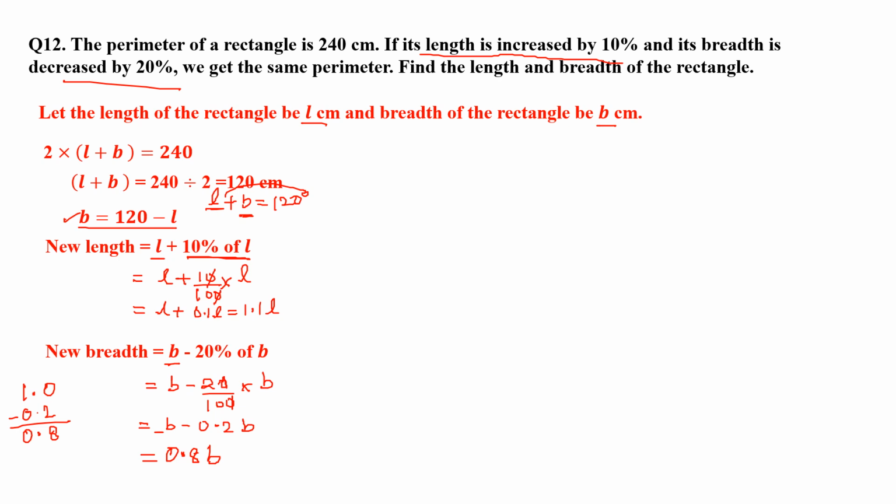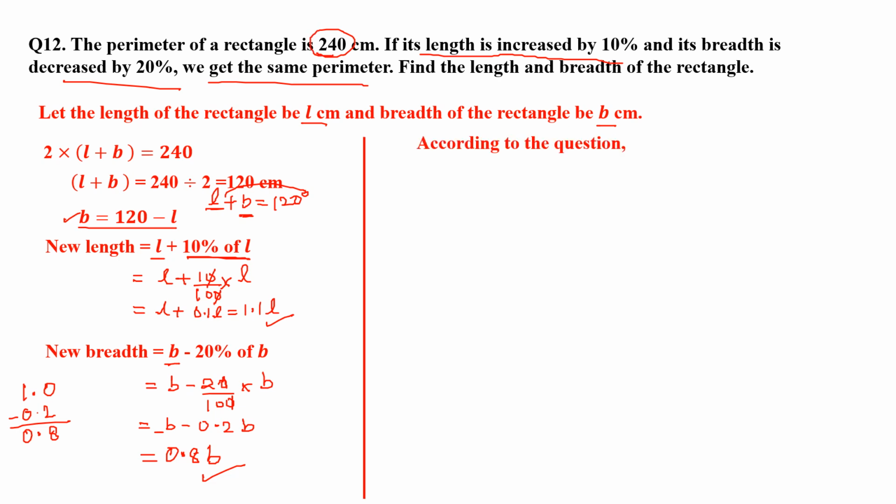Now what it is given, we get the same perimeter, isn't it? So in this case, if you take new length and new breadth, and if you find out the perimeter, you are going to get the same perimeter which is given as 240. So this is your relation. So according to the question, again you have to write the perimeter formula, which is 2 into length plus breadth.